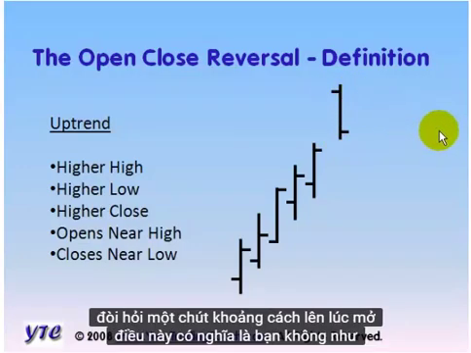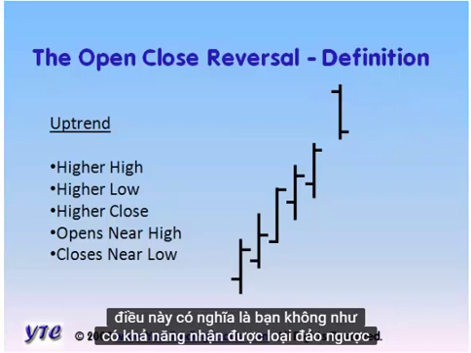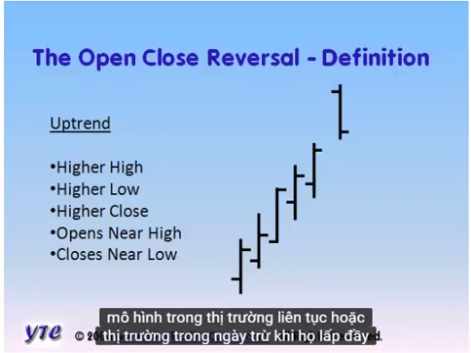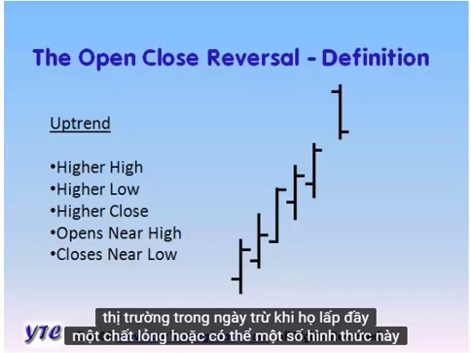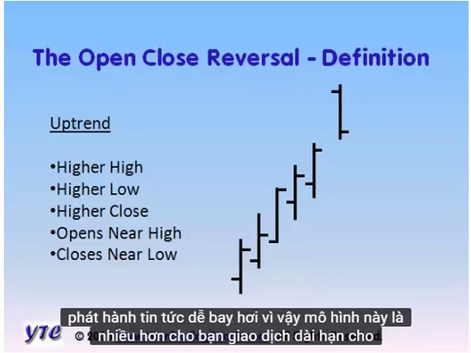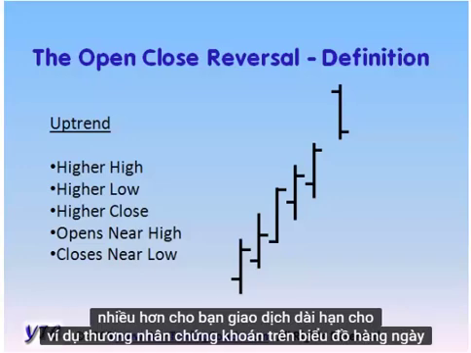This therefore means that you're not as likely to get this type of reversal pattern in continuous markets or intraday markets, unless they're fairly liquid or maybe there's some form of volatile news release. So this pattern is more for you longer term traders, for example stock traders on daily charts.